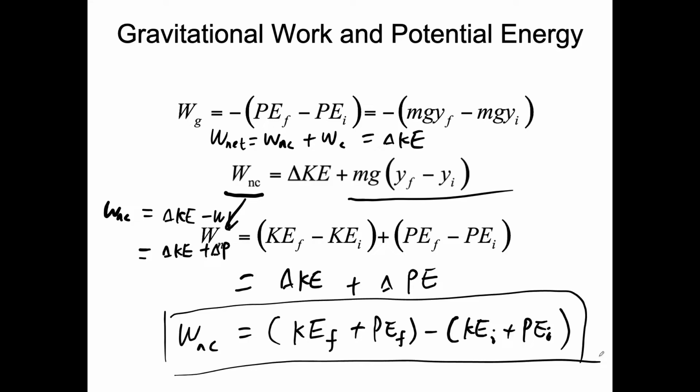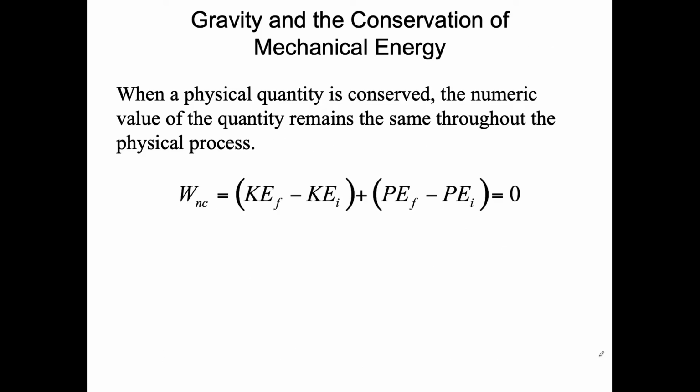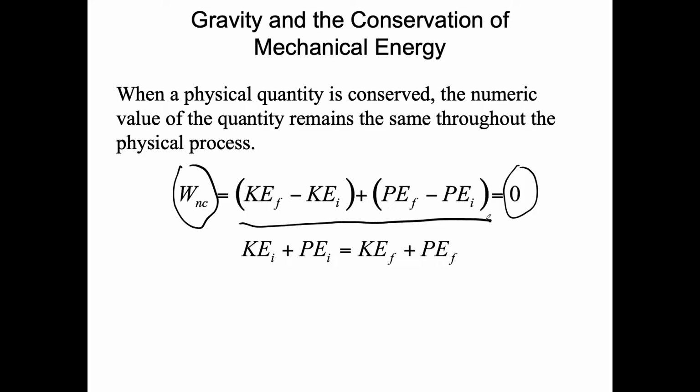What's going to happen if there is no non-conservative force doing work? If the work done by non-conservative force equals 0, then the change of kinetic energy plus the change of potential energy always equals 0.